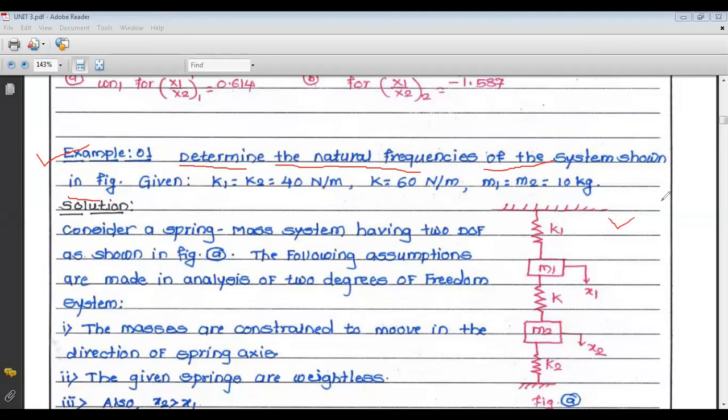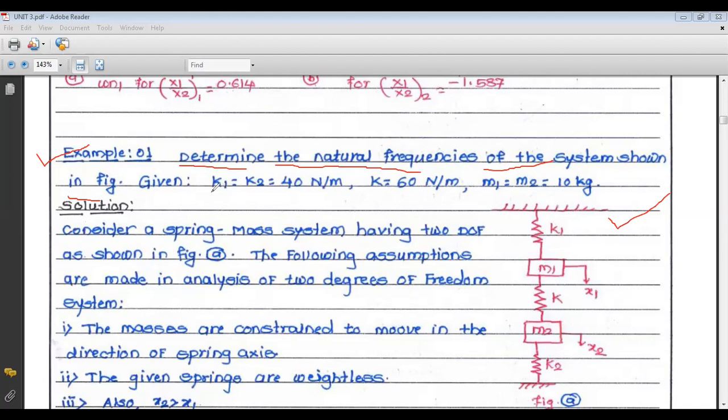This is the figure given in the problem, which consists of 3 springs having stiffness K1, K and K2, and there are 2 masses M1 and M2. M1 is displaced by displacement x1 and M2 is displaced by displacement x2.